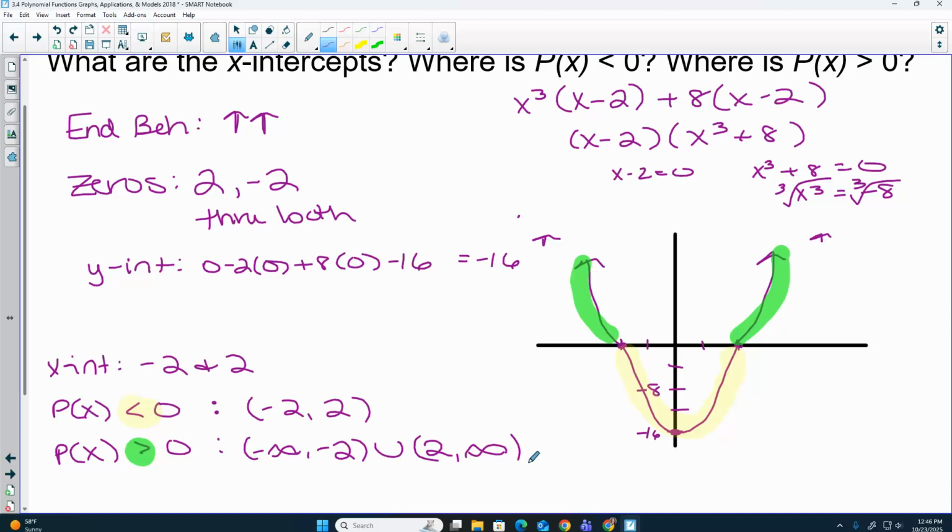So it was above the axis before negative 2, below the axis between them, above the axis after 2. Any questions on it?